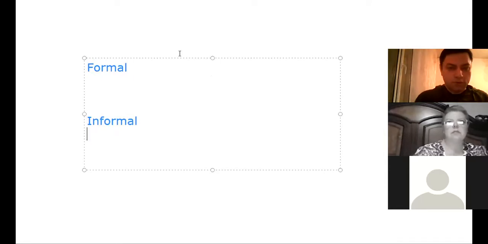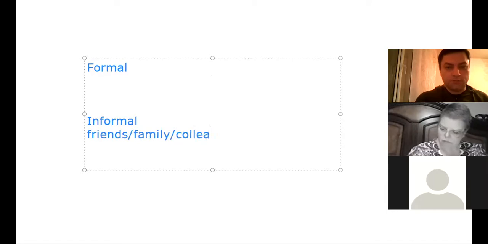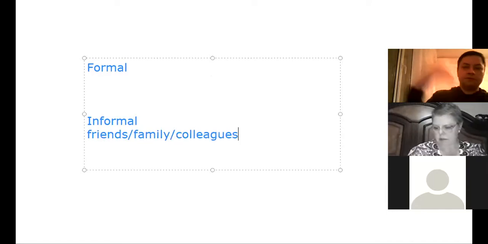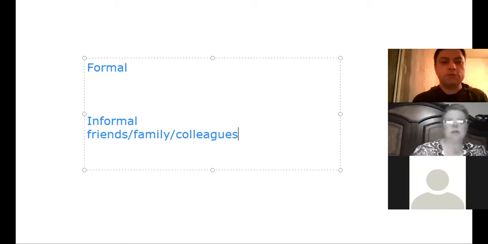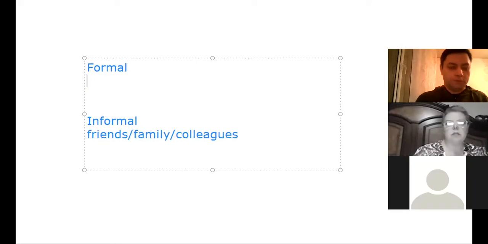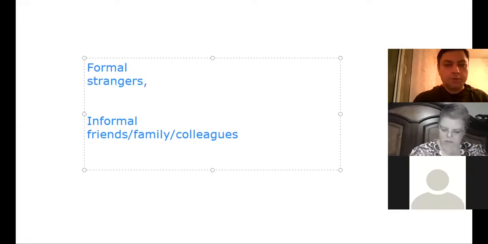So informal way is used with friends, family, and maybe colleagues, if you're familiar with them, they are at the same level. And the more distant the relationship is, then you should use more formal way, for example, strangers, or people who are much older than you.